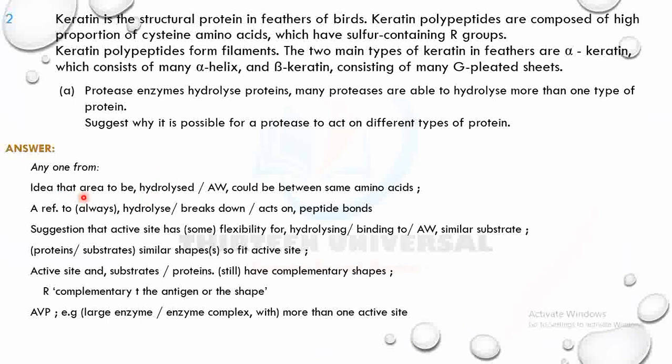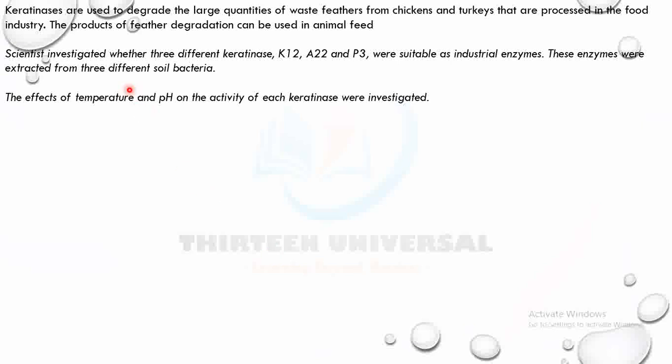Either that area to be hydrolyzed could be between the same amino acids. It always hydrolyzes or breaks down peptide bonds, because this is a protein. So, suggesting the active site has flexibility for binding similar substrates. Substrates have similar shapes. Active sites have complementary shapes to all the proteins. Or a large enzyme with more than one active site. You get just one mark for all of this.